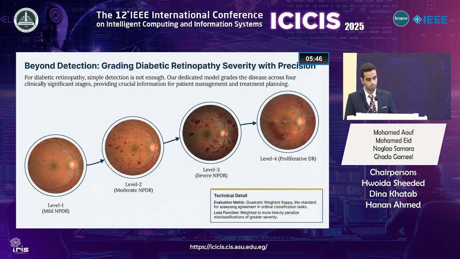Each one of these stages needs a different treatment plan and a different care from the patient itself, or from the hospital or the healthcare organization. So for diabetic retinopathy, simple detection is not enough. Our dedicated models grade the disease across 4 clinically significant stages, providing crucial information for patient management and treatment planning.